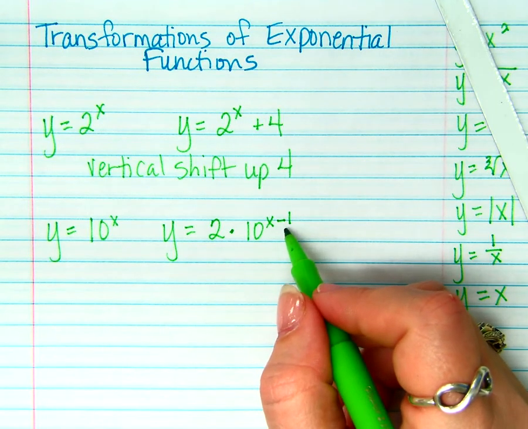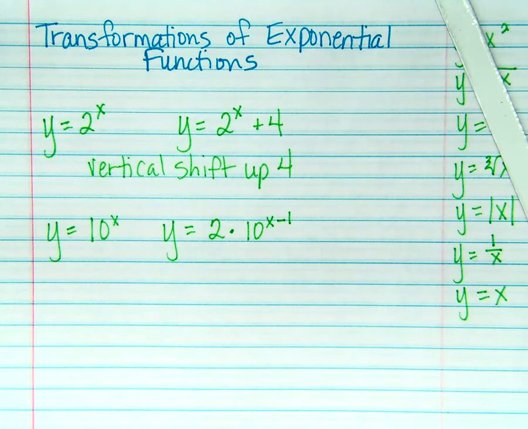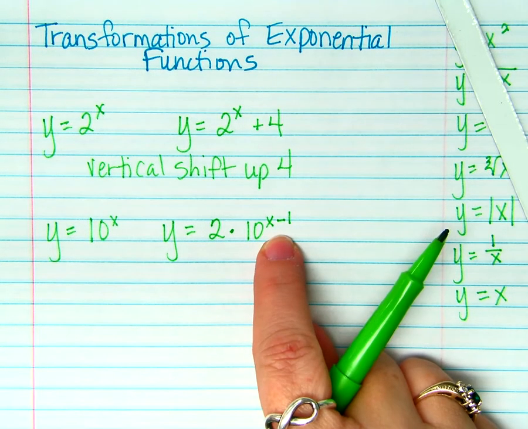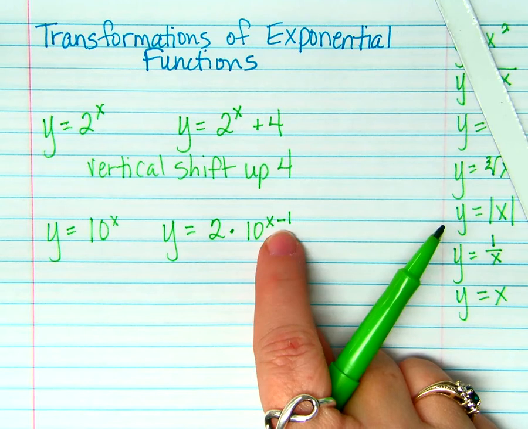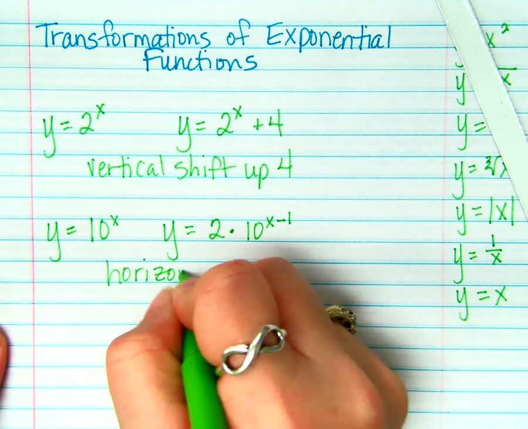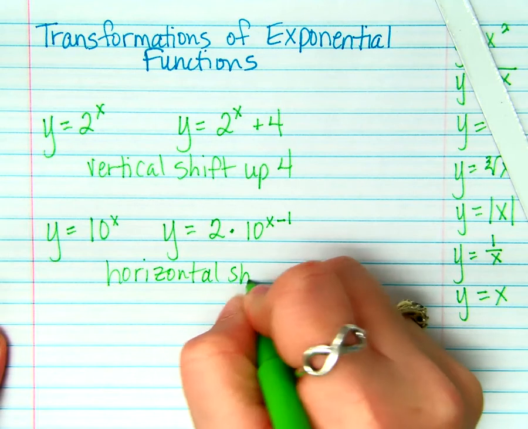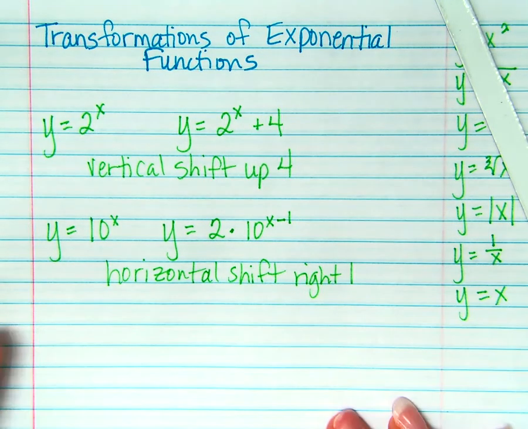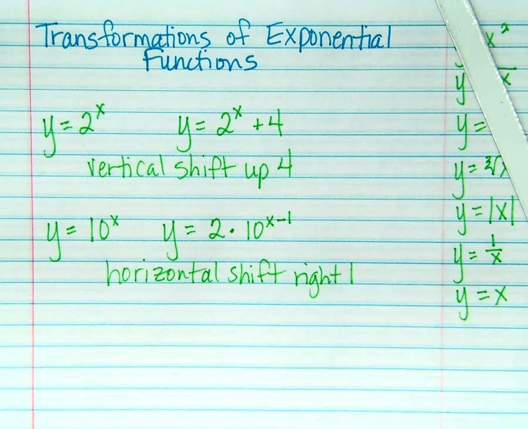Is it left or right? It's right, because remember, if it's inside, it's going to be opposite of what we think, right? Minus makes us think it's going to move left, but we know it's opposite of that, so it's going to move right. So we know horizontal shift, right, 1.